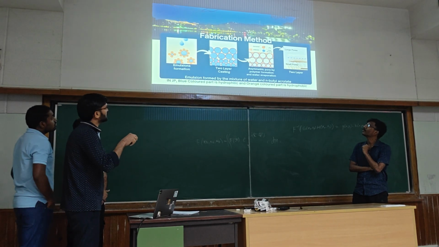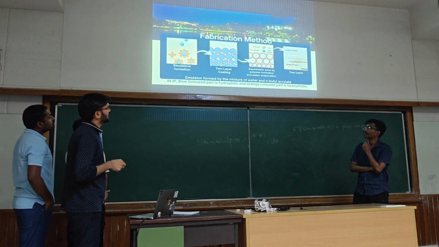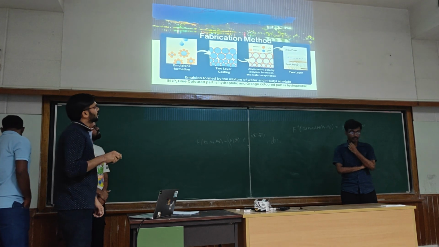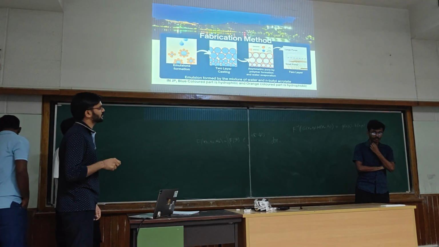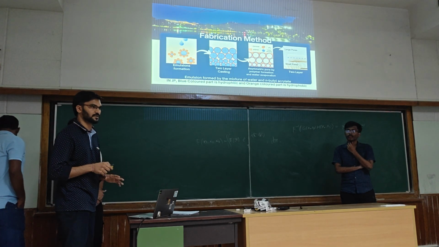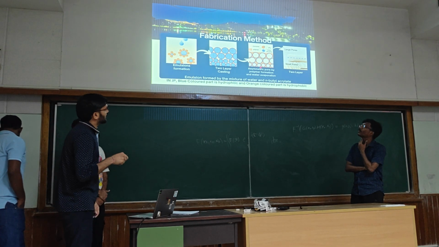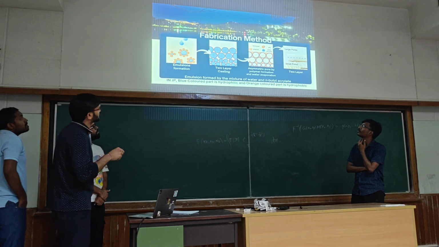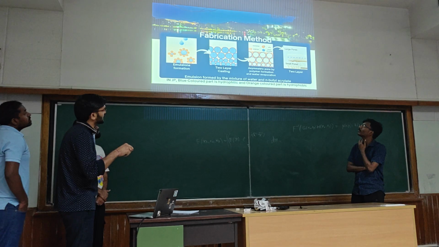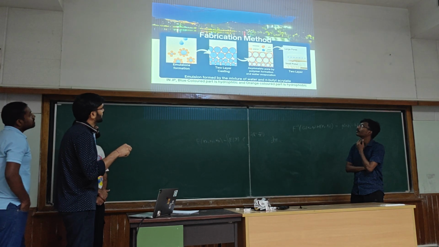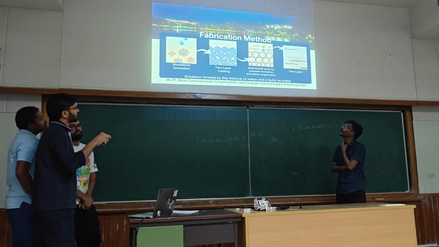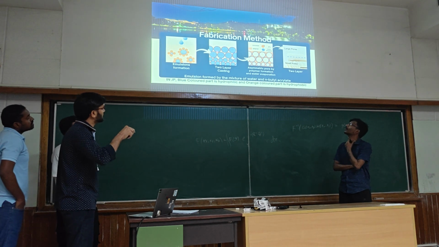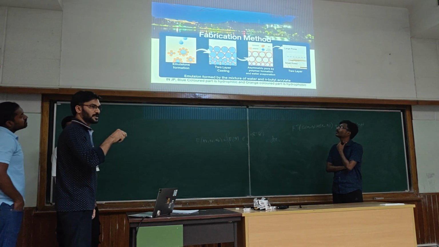Now after casting these two layers, we seal the glass bottle and heat it at 70 degrees Celsius for about 24 hours. On heating, the monomers polymerize, so it gets solidified, but the water is still there in the droplets.